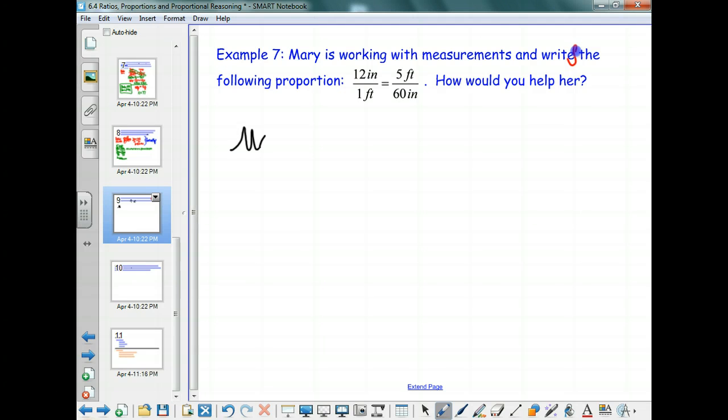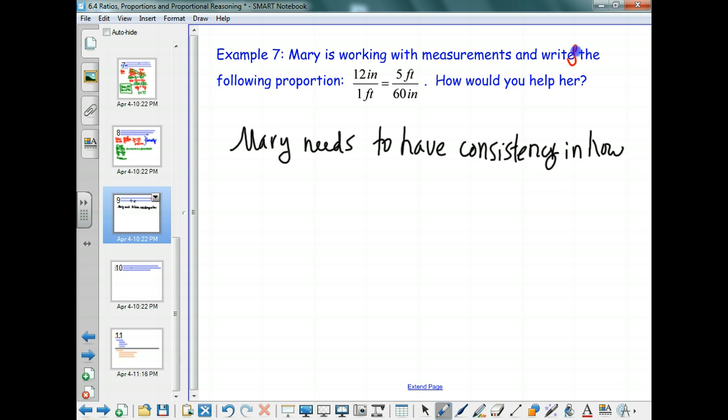So Mary needs to have consistency in how she displays her units.